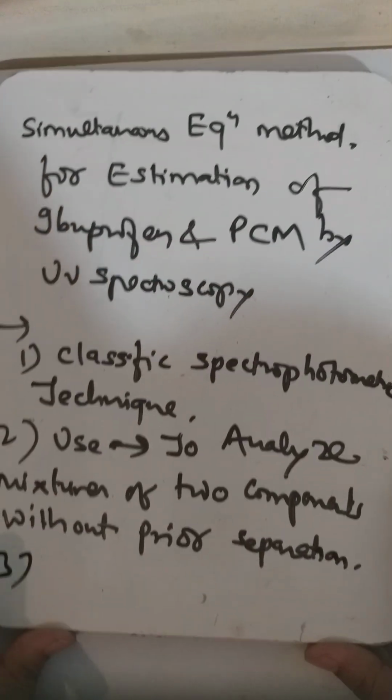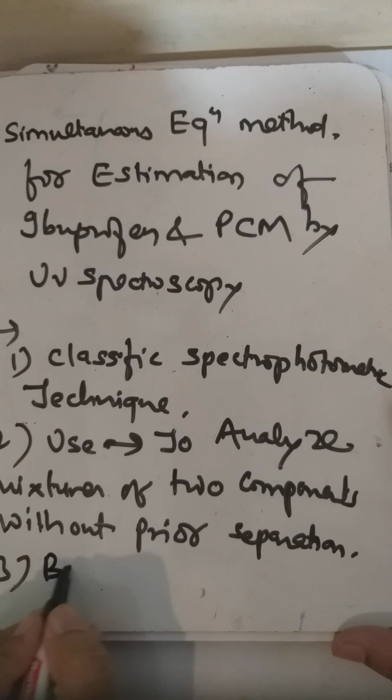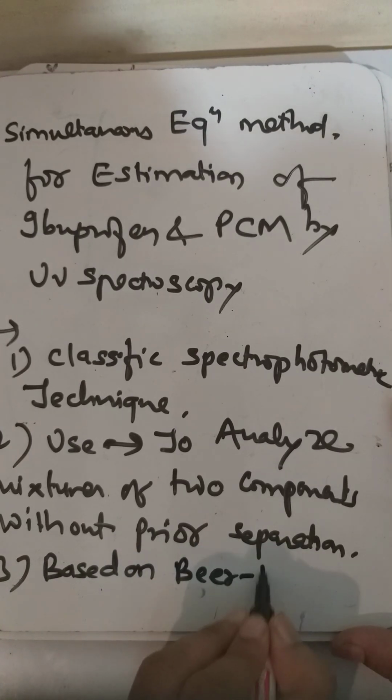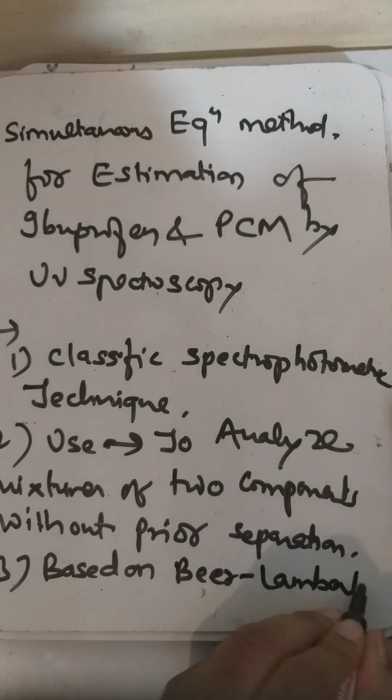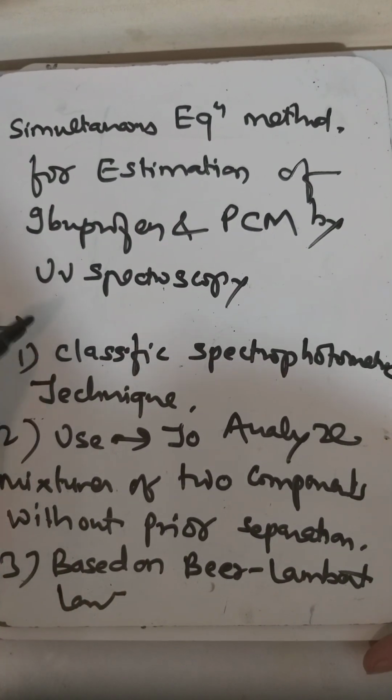Now this method, the simultaneous equation method, is based on Beer-Lambert law. Are you getting what I am saying? So basically these are the things.